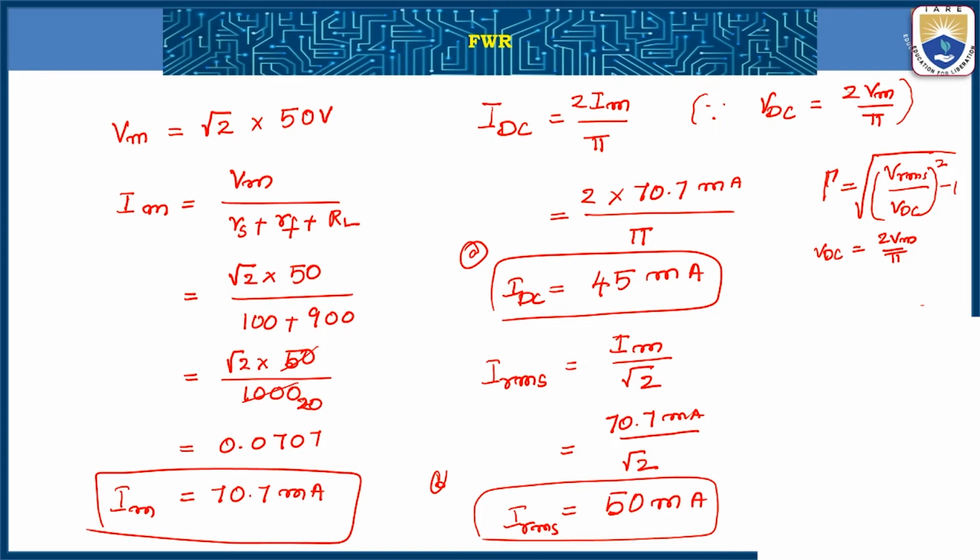By substituting all those, you will get the ripple factor. If you want efficiency, PDC by PAC into 100 gives the efficiency. How to find PDC? PDC is VDC square by RL, and PAC is VRMS square by RL. By substituting all the parameters, you will get the answer.